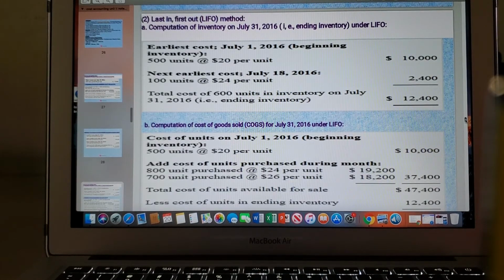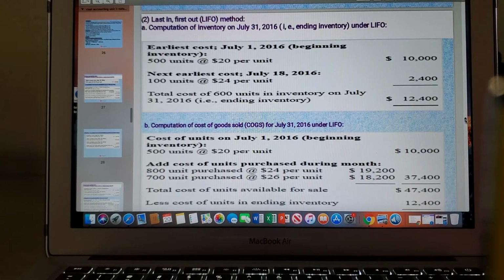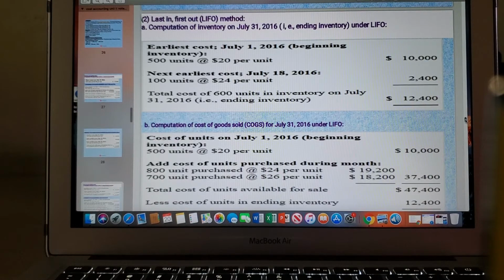B. Computation of cost of goods sold, COGS, for July 31st, 2016 under LIFO method. Cost of units on July 1st, 2016, beginning inventory, is 500 units at $20 per unit, which comes to $10,000. Add cost of units purchased during the month, that is 800 units purchased at $24 per unit comes to $19,200, and 700 units purchased at $26 per unit comes to $18,200. That comes to a total of $37,400.